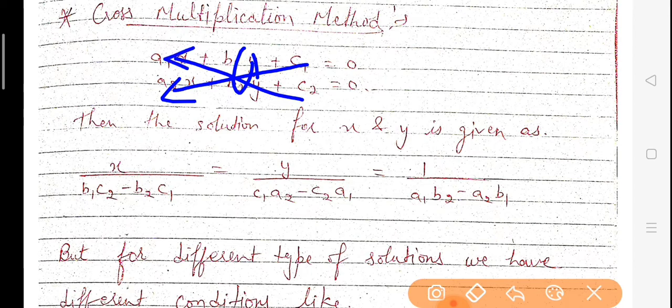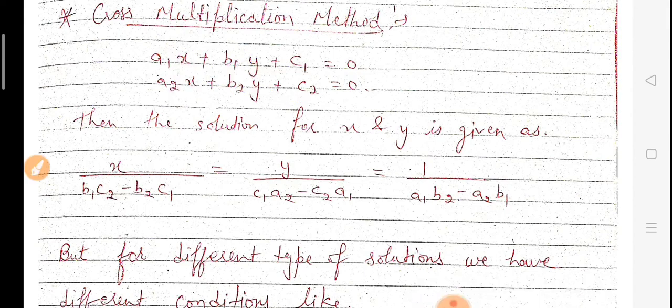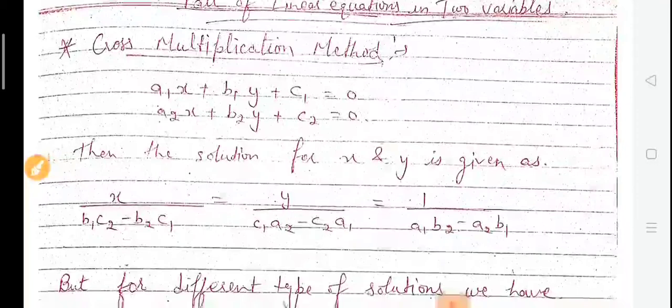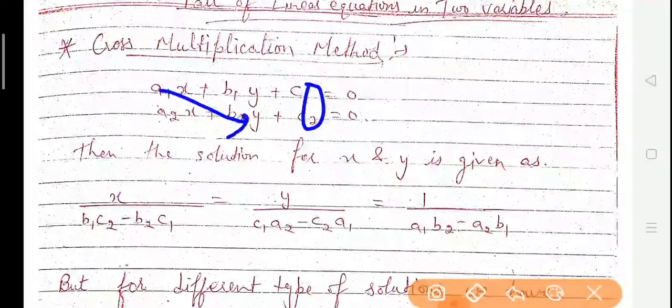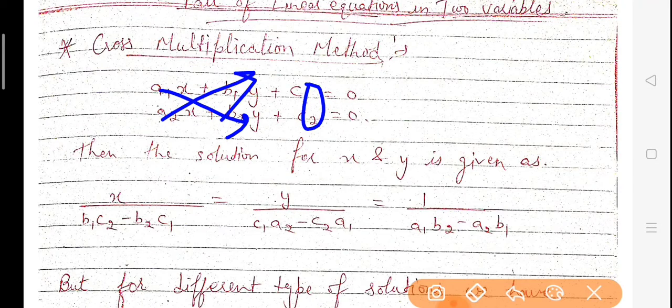So the solution for y is given by c1 a2 minus c2 a1, and for the constant we will have 1 upon, hide this c1 and c2 portion, multiply a1 b2 minus a2 b1, this one.